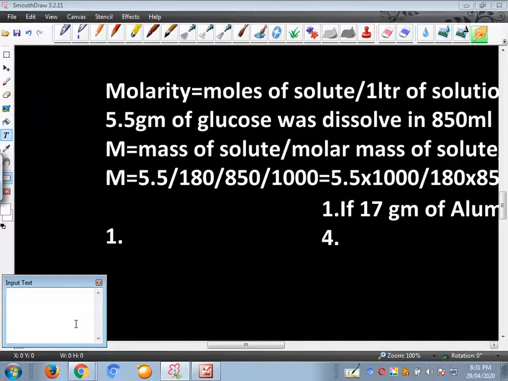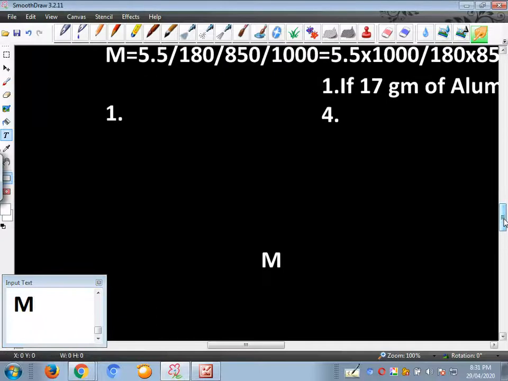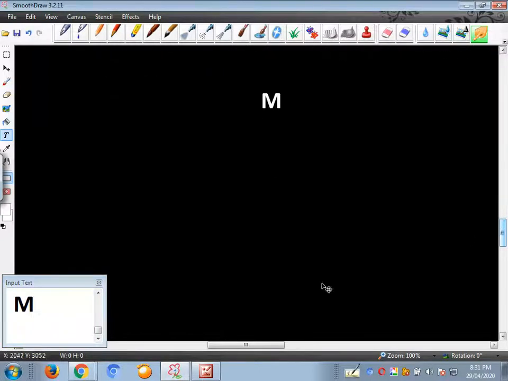So, the concept of molality. What is the symbol for molality?